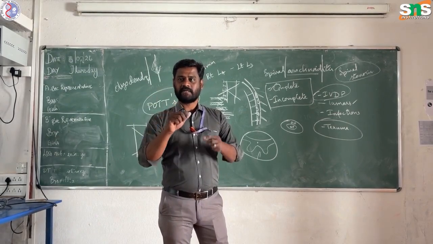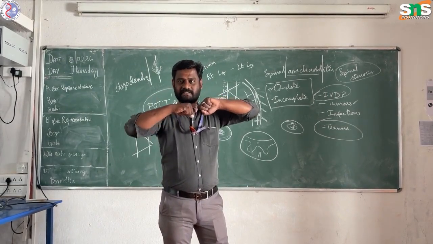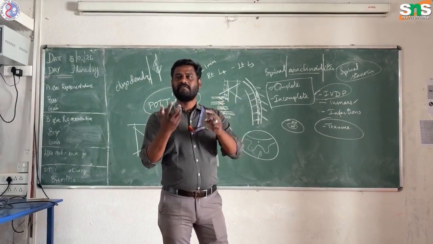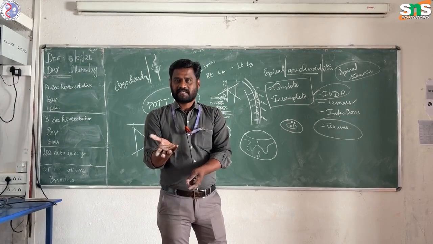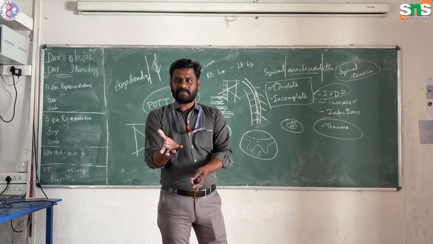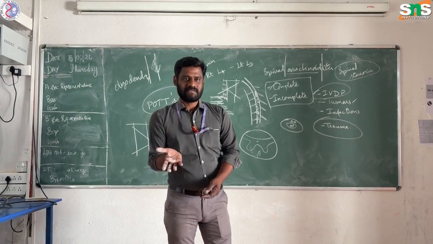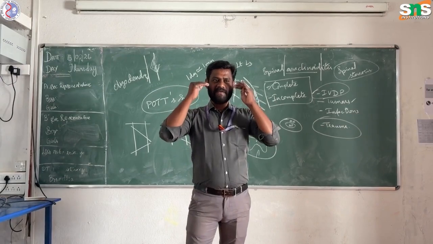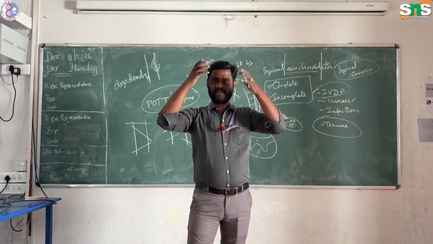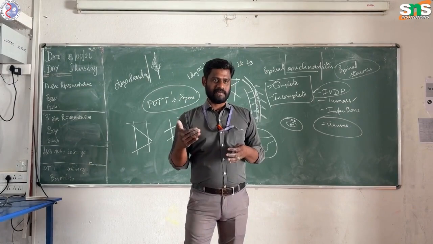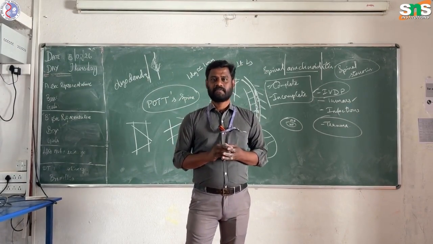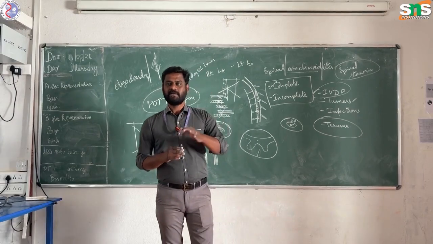Because of that inflammation, it produces thickness and tightness. Because of that tightness, when we flex the patient's head like this, it produces hyper-irritation. The patient will feel an immediate headache, and they try to bend the knee like this. That is called Kernig sign. Okay, so Kernig sign is positive in viral meningitis.